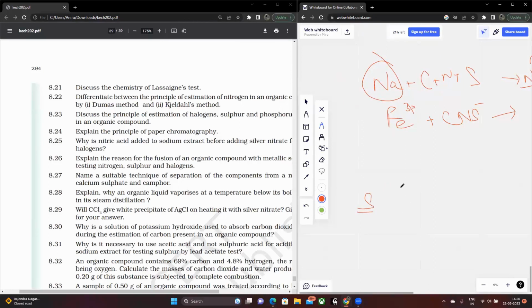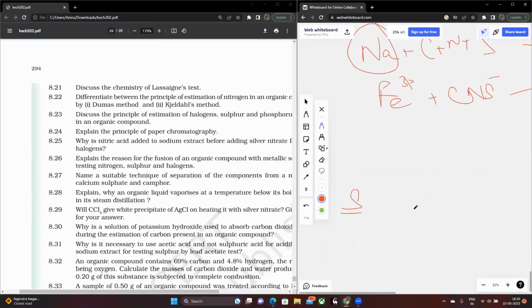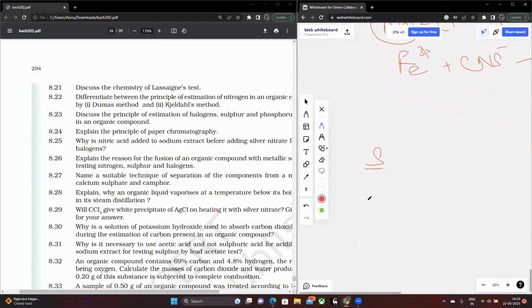You acidify the solution with acetic acid first, and then you add lead acetate. Na plus S on heating gives you Na2S first, sodium sulfide.